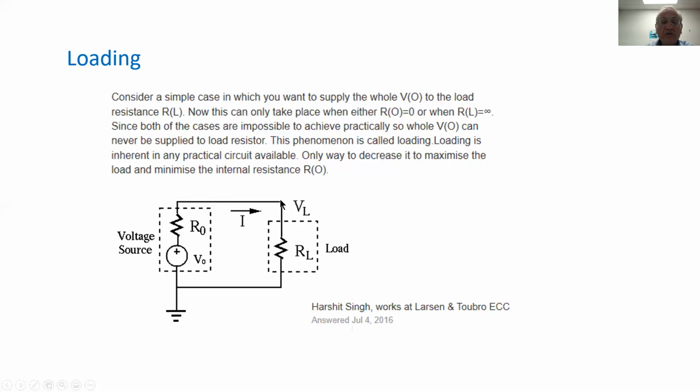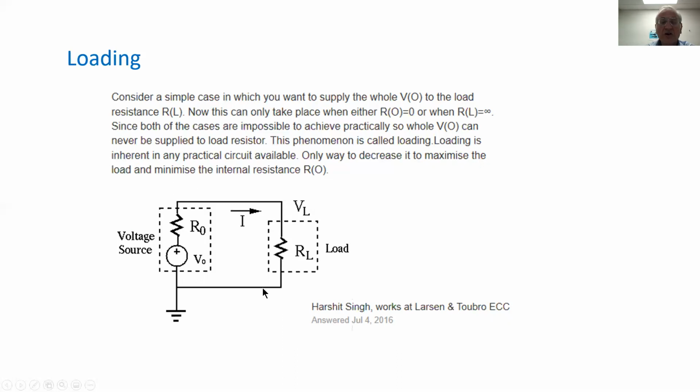Now, in order for the loading velocity, the input voltage into the measuring device, to be exactly as the sensing device, we must have the input resistance of the load to be very, very high.